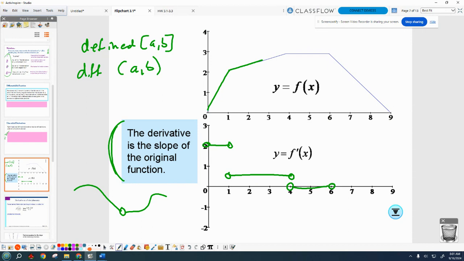Negative 1. So the graph of the slopes, the graph of the derivative of all those straight lines, is all these horizontal lines. Linear equations have a constant rate of change. They have a constant slope. So this is what they look like. And at the changeovers, those are all open. Okay?